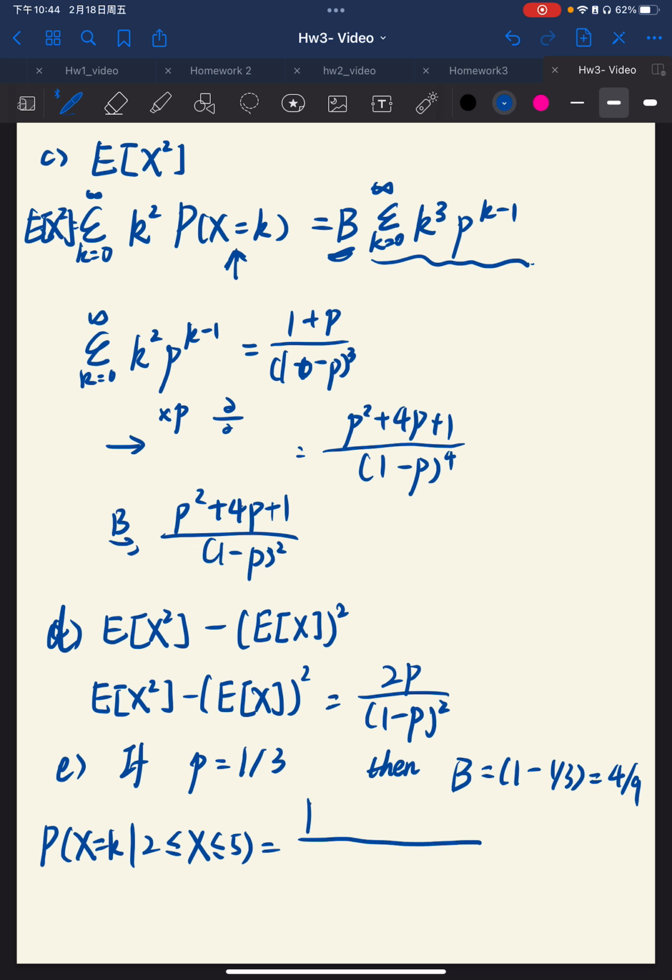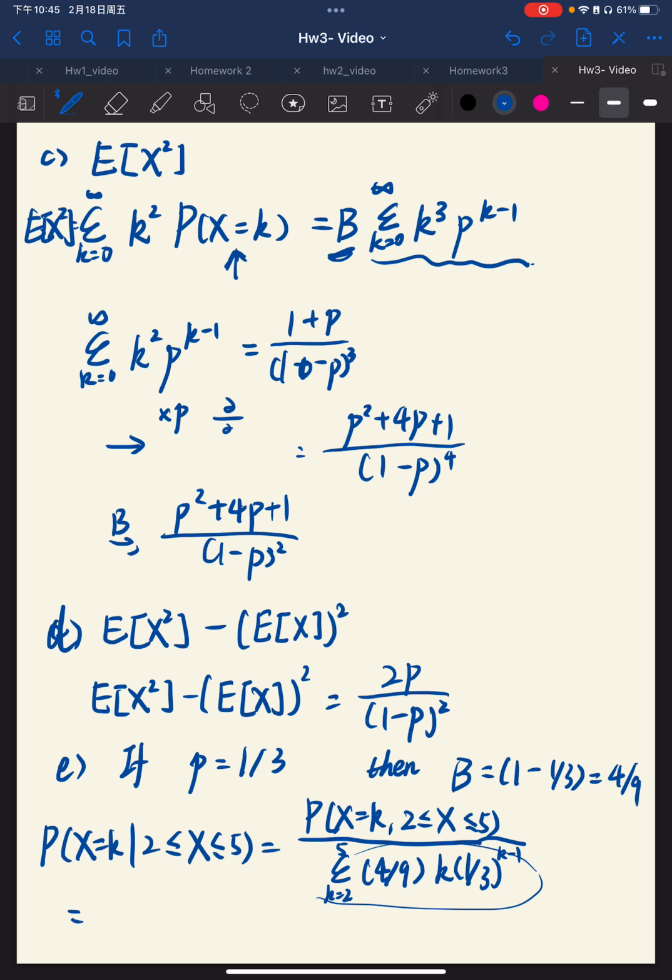It is equal to the probability of the intersection of X equals k and X in 2 to 5, divided by the summation from 2 to 5, with the replacement of p.